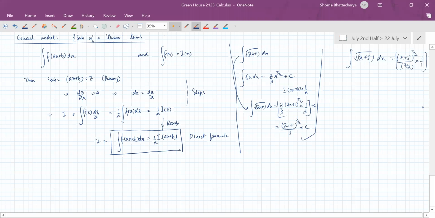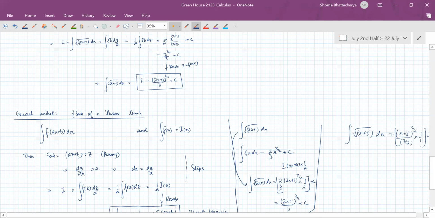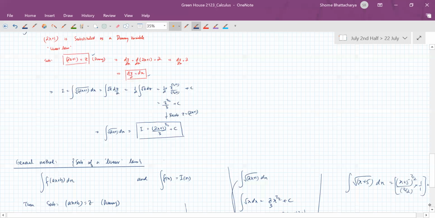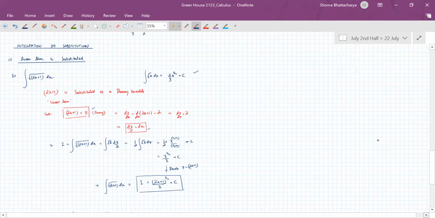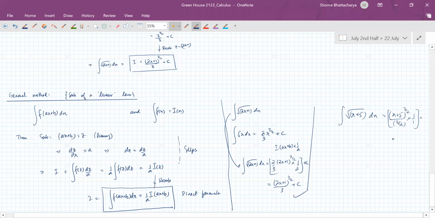Yes, but the coefficient of x is 1, so there isn't an extra term in the denominator. So still 2 by 3 is the coefficient, but instead of x to the power 3 by 2 it is now x plus 5 to the power 3 by 2 plus c. So this will become the integral. Understood?